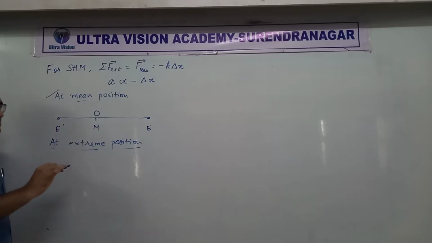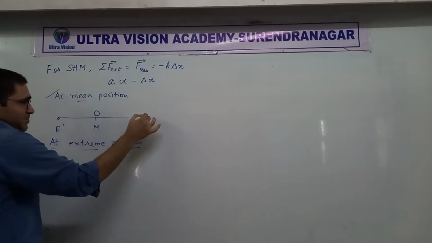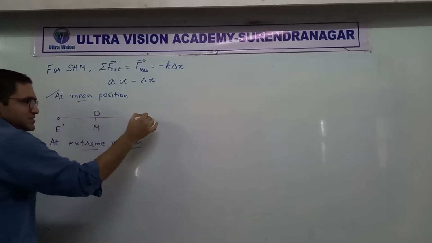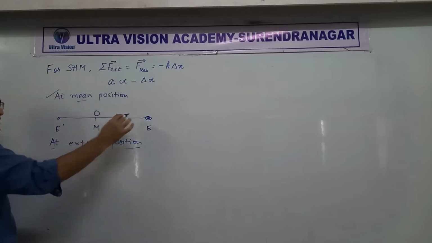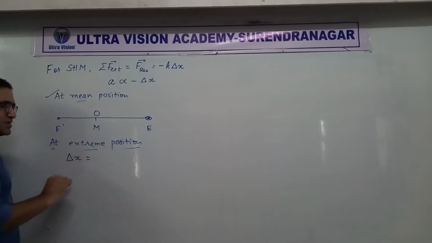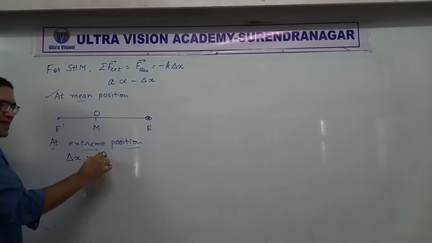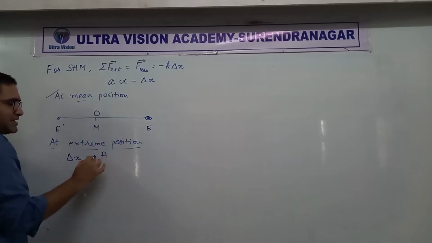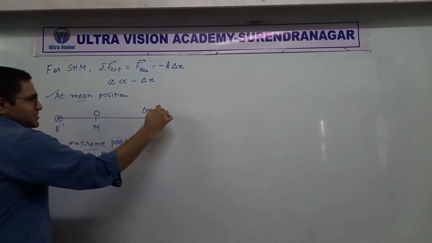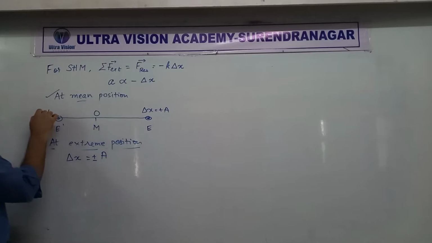So the first thing to understand is that when the particle moves and reaches this particular point, the displacement at the extreme position is plus A or minus A. Plus A is for the right side, since generally we take the right side as positive and the left side as negative.